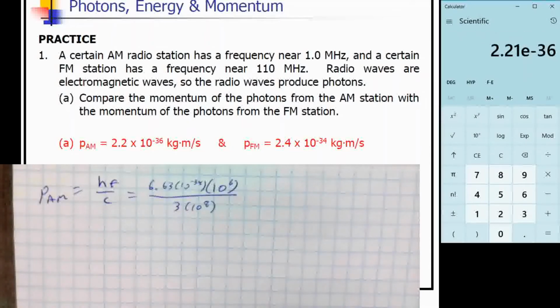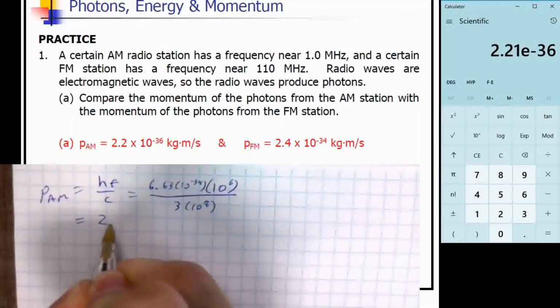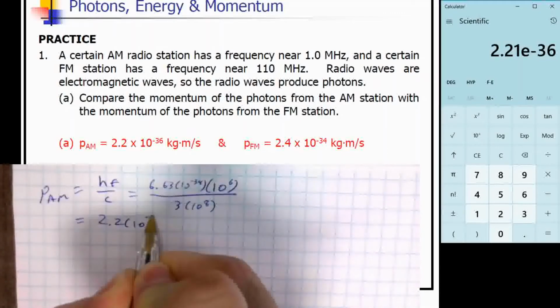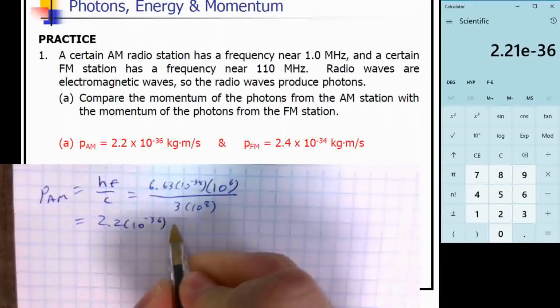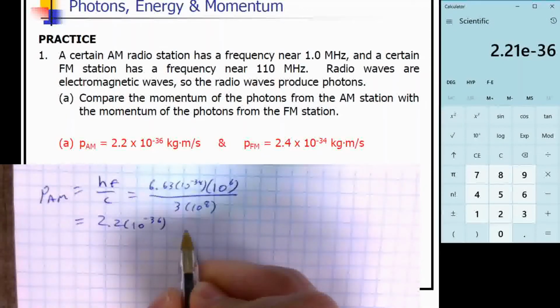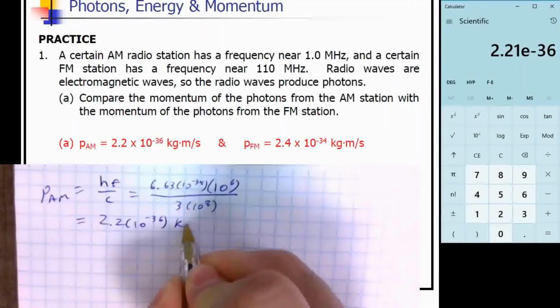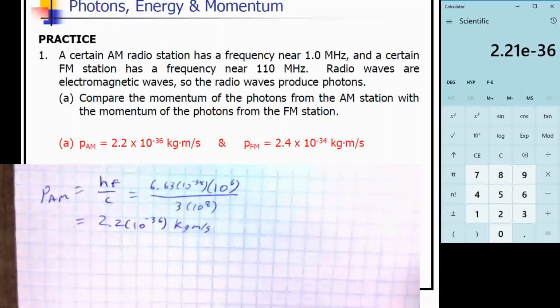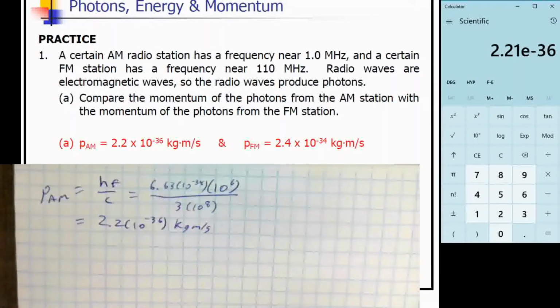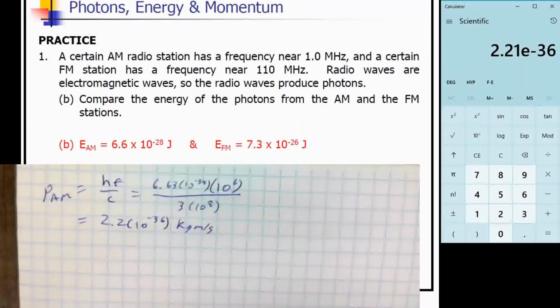We end up with 2.2 times 10 to the negative 36. And if this is a photon measurement, we would use the units of mass times velocity, so it's going to be kilogram meters per second. You can find the momentum of the FM station similarly, so I won't do that one.